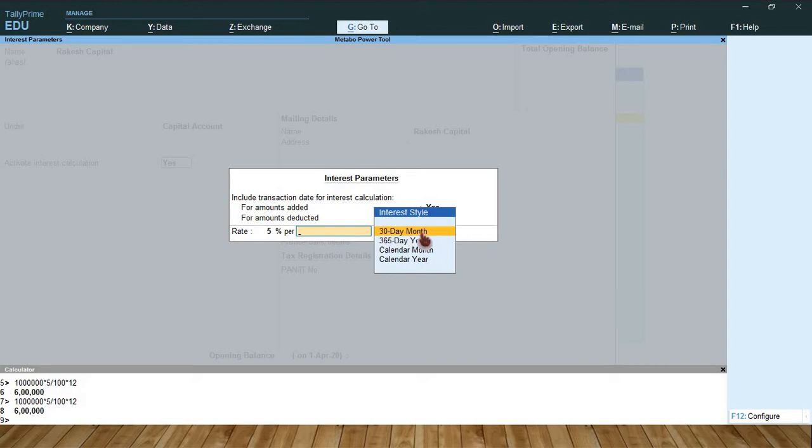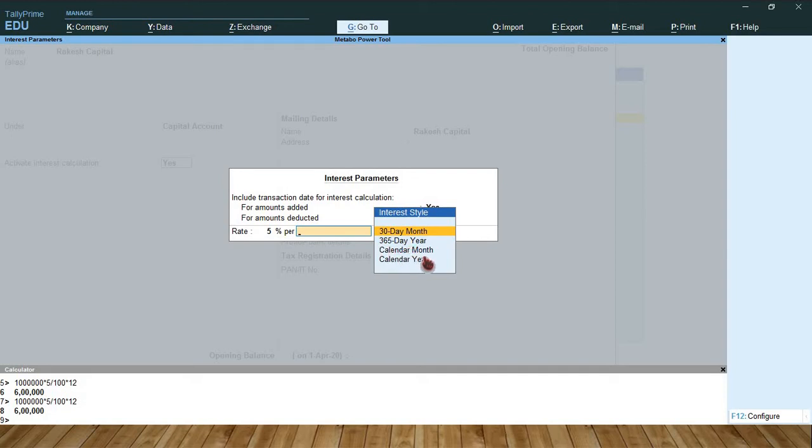30-day month means sometimes some months are 31 and February is 28 or 29. 365-day year means that in February, once in 4 years there are 29 days, otherwise it is 365 days.